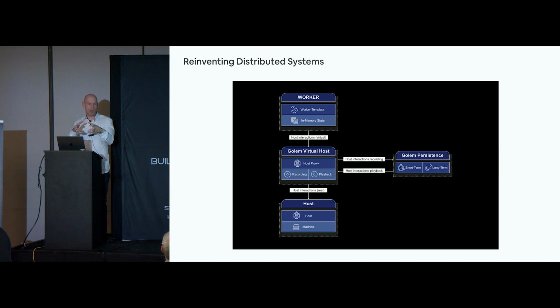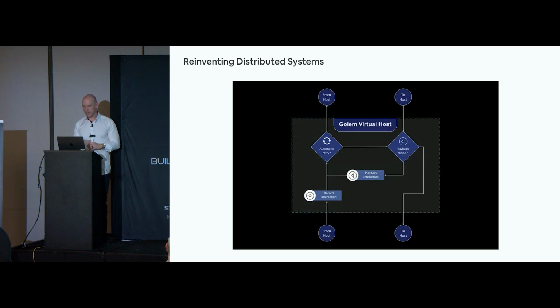It's basically sandboxed. And that sandboxing allows us, every time you try to do one of these external activities, instead of actually talking to the file system or the network, to have you go to something called the Golem virtual host. The Golem virtual host mostly just passes requests along to the real host, the operating system. But it also does some other very important things that I'll talk about in a second.